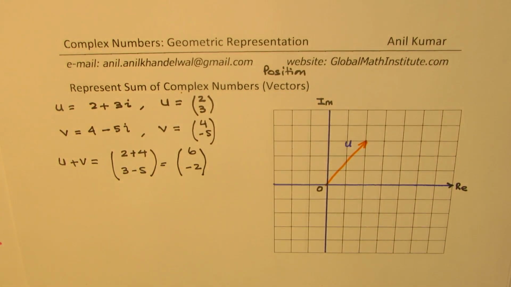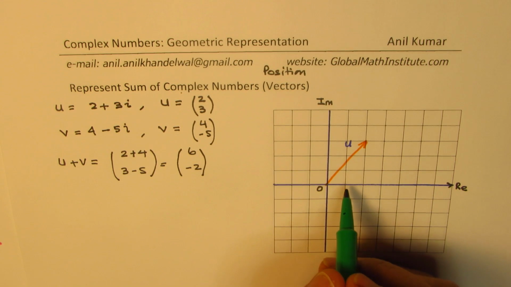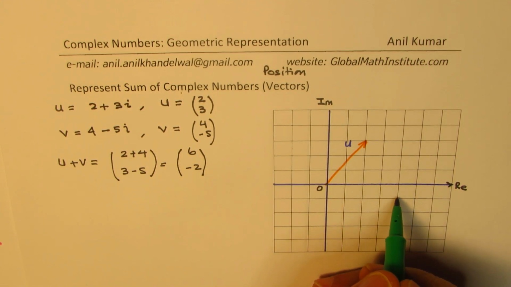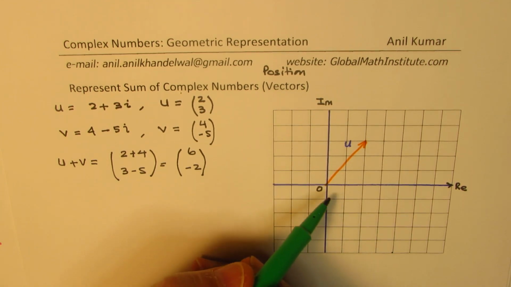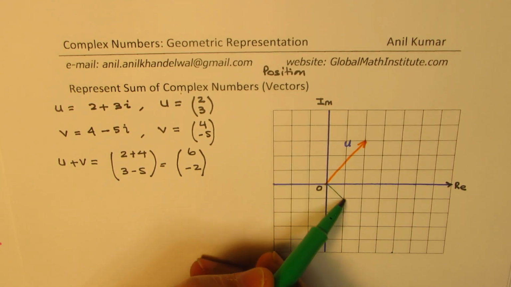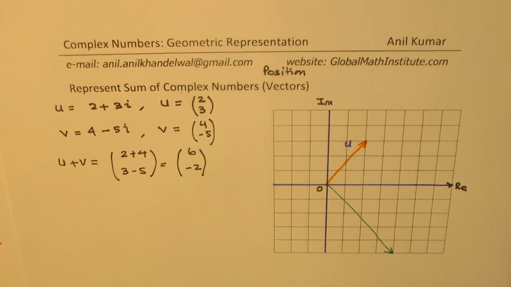Let us see on the complex plane how this is performed. So now, the vector v, which is 4, minus 5, will be 1, 2, 3, 4, and 1, 2, 3, 4, 5, right? So this position vector will be from the origin to this point. Now to get the resultant, we try to complete the parallelogram.